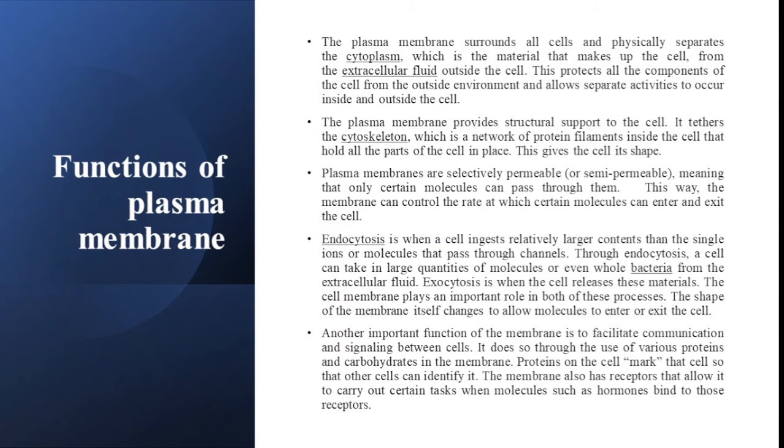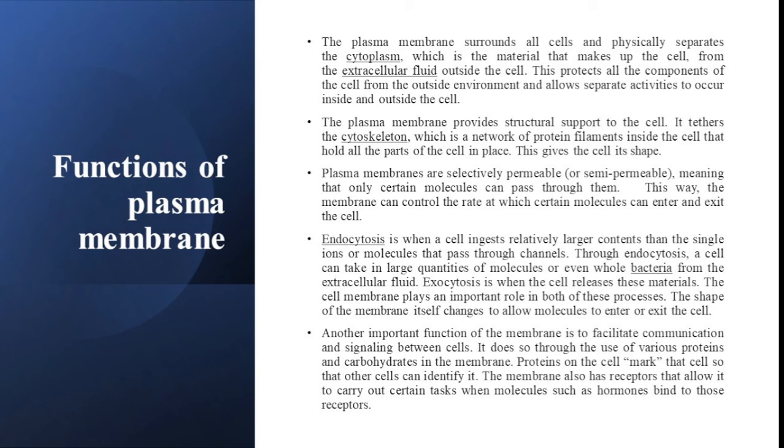Now let's discuss the function of the plasma membrane. The main function of the plasma membrane is that it surrounds all the cell and physically separates the cytoplasm, which is the material that makes up the cells.